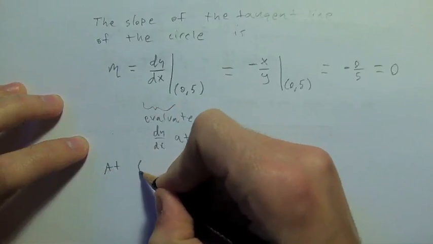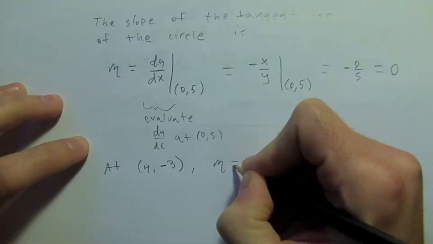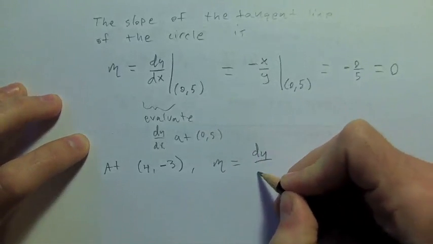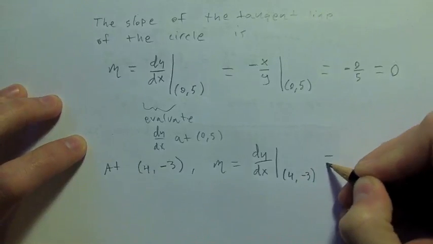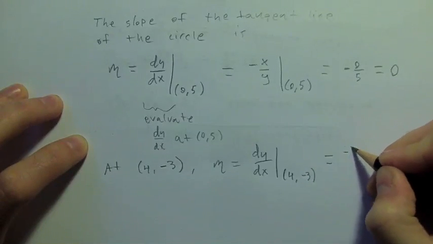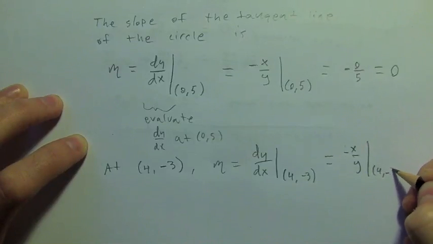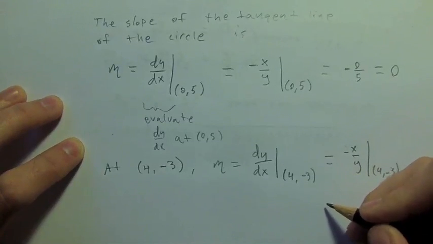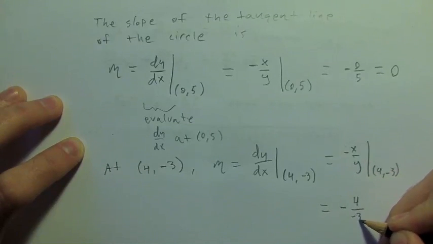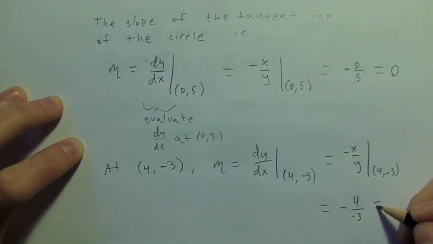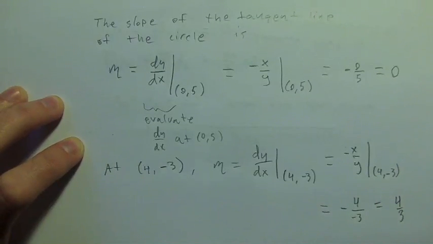This is probably not drawn to scale, but at the point 4, -3, we'll do the same thing. So at 4, -3, the slope is the derivative evaluated at 4, -3, and that's going to be negative x over y, evaluated at 4, -3, and that comes out to be, plugging the 4 in for x and the -3 in for y, a positive 4/3.